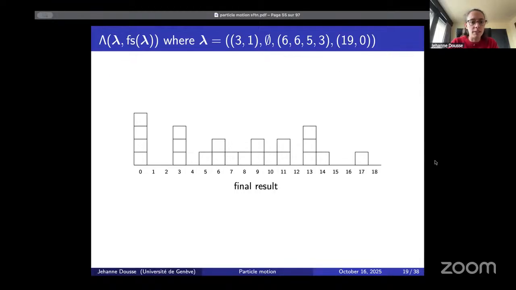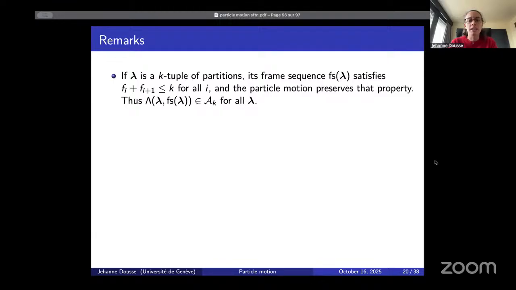And as we said before, the advantage is that when you have some frequency conditions like that, particle motion preserves it. That's what we said on the previous slide. In that case, this was the condition of the Andrews-Gordon identities. The frame sequence that we started with also satisfies this condition.